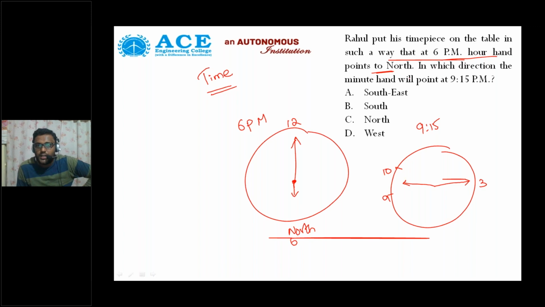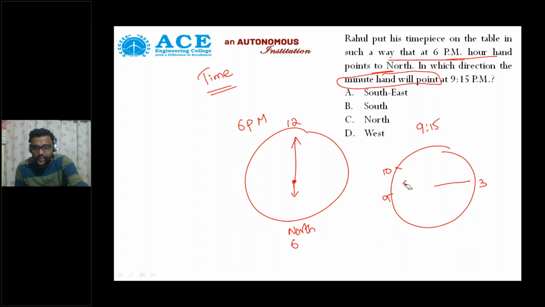Now the question is what? The minute hand is representing which direction, will point to which direction. Now say this, friends. He didn't disturb that setup. Whatever the setup was previously, the same setup he is maintaining. He is not disturbing that. So this is just slightly above that. Fine. Now this is okay.